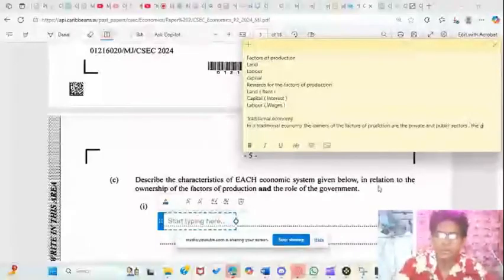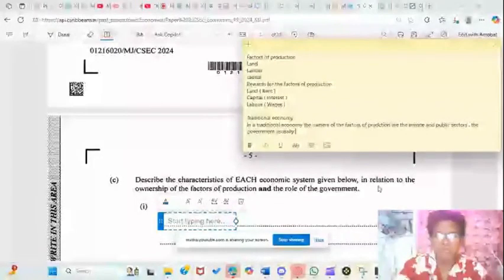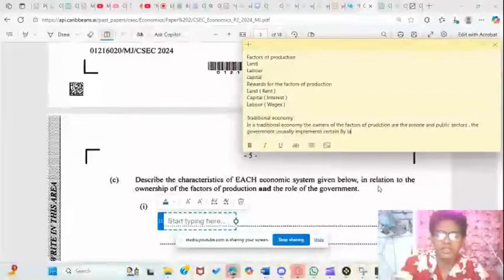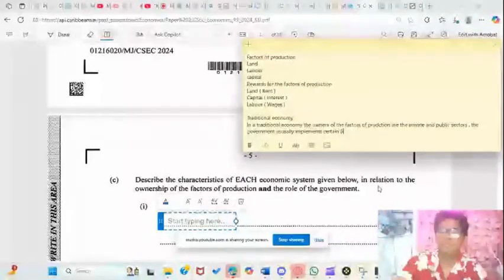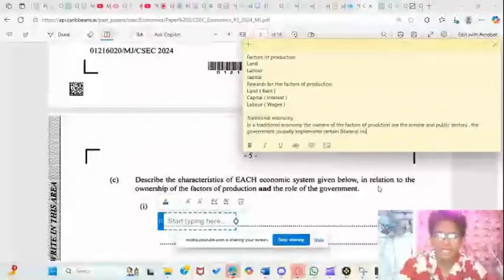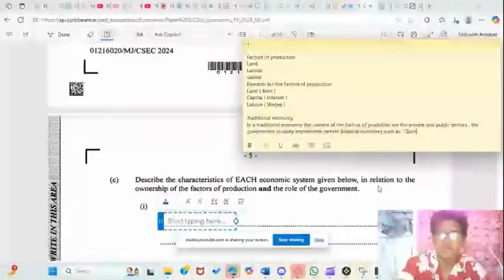The government usually implements certain bilateral, I think I spelled bilateral incorrectly, bilateral incentives such as quotas.